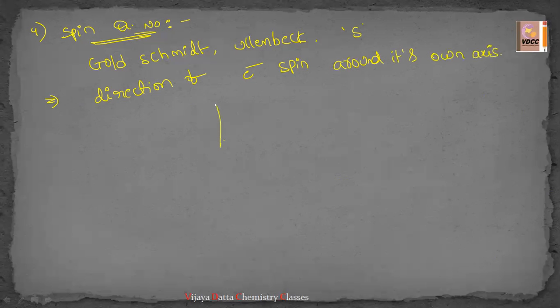That is nothing but, see here, electron anti-clockwise direction, electron clockwise direction. So clockwise direction is plus half, anti-clockwise direction is minus half. It is the first electron, it is the second electron. So clockwise is plus half, anti-clockwise is minus half.